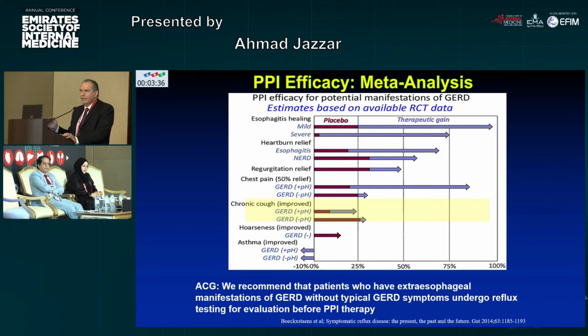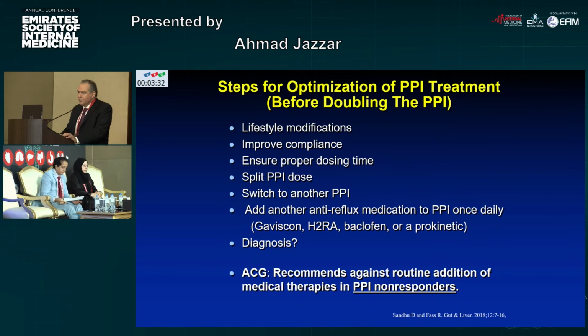And for me, good luck getting this approved by the insurance companies. So for optimization of PPI therapy before doubling the dose, which we do on a regular basis, we look at the lifestyle modifications the patient has done, improve compliance, and ensure the proper dosing time.